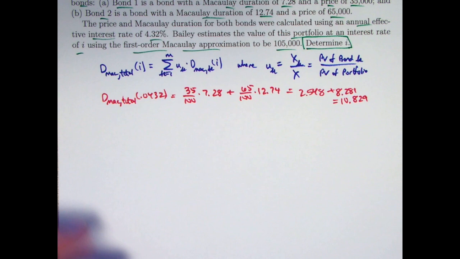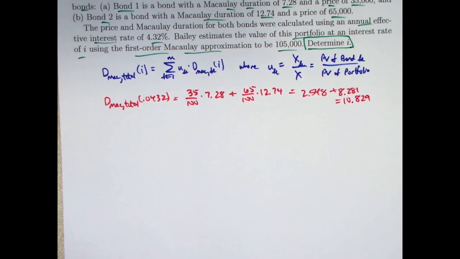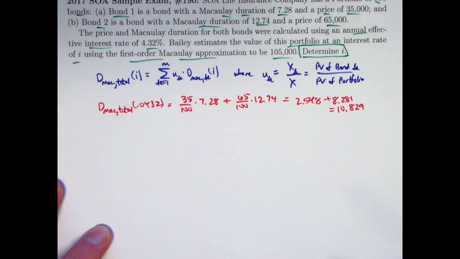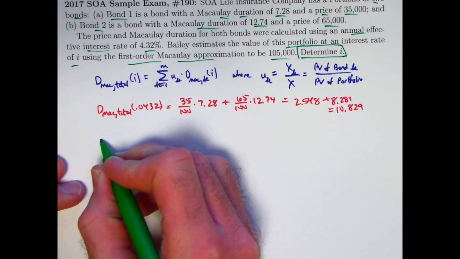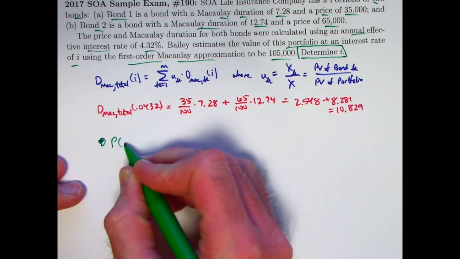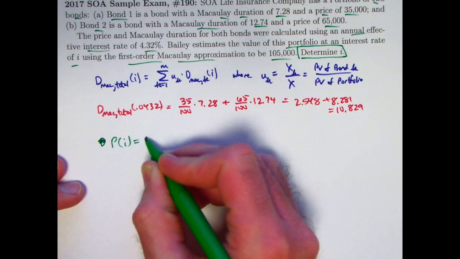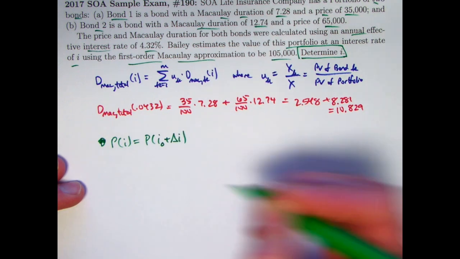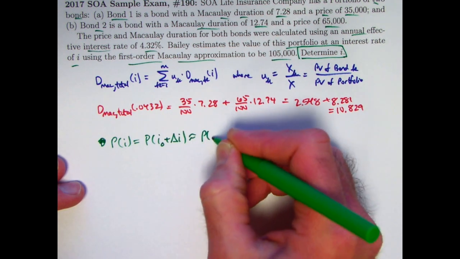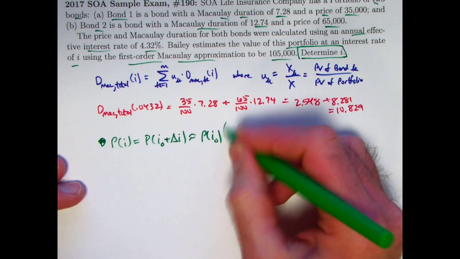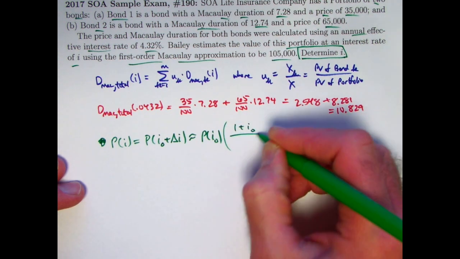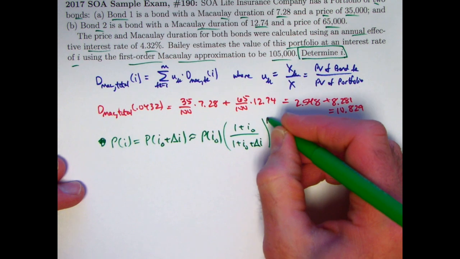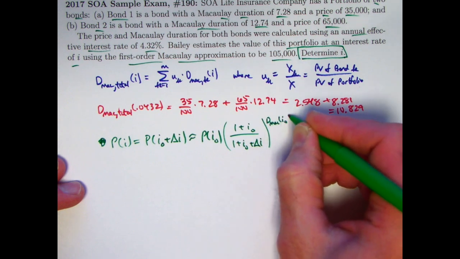So now we're ready to finish the problem. We need to use the first order Macaulay approximation that was introduced in the last video, video 162. And that formula is that the price at interest rate I, which we could represent as some given interest rate I0 plus some change in the interest rate, delta I, is approximately the price at the original interest rate I0 times 1 plus I0 over 1 plus I0 plus delta I, all raised to a power that is the Macaulay duration at interest rate I0.